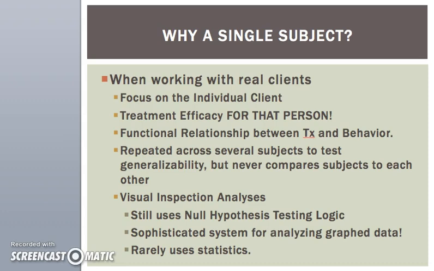They still rely on null hypothesis testing logic. There's a very sophisticated system for analyzing graphed data. They rarely use statistics, and when statistics are used, they're only used as secondary analyses, primarily because we're really looking for meaningful change rather than probabilistic change.